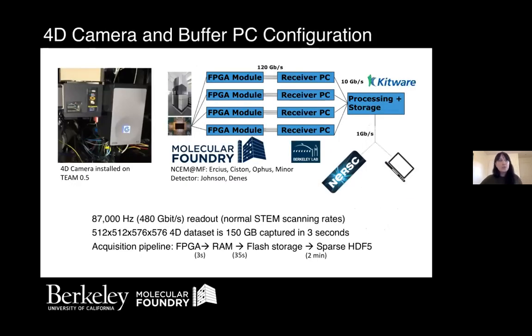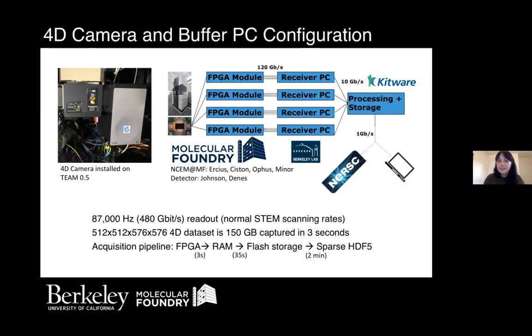So here's the actual architecture of our camera's data transfer. Here's a picture of the 4D camera installed on our TEAM 0.5 microscope at Ensemble. Here is the layout of our data transfer, where we pipe it through FPGAs, it lands on some receiver PCs and is threaded back together.